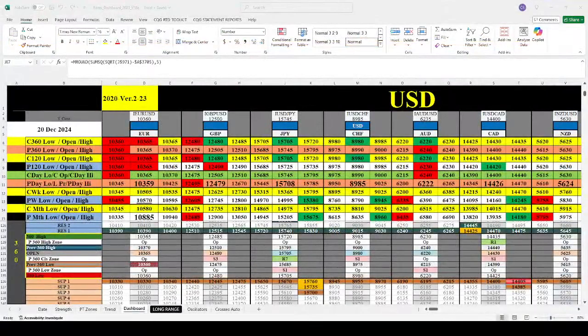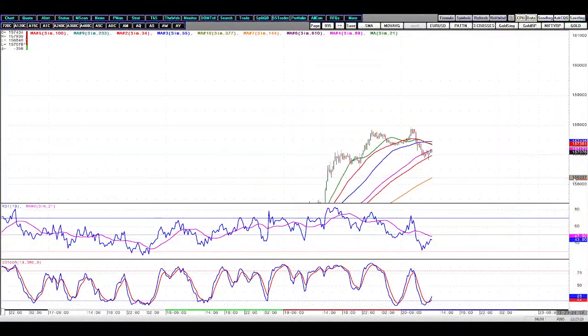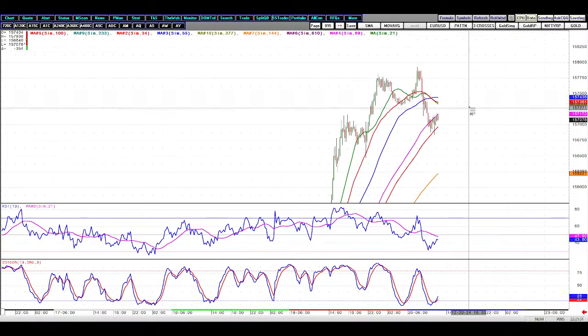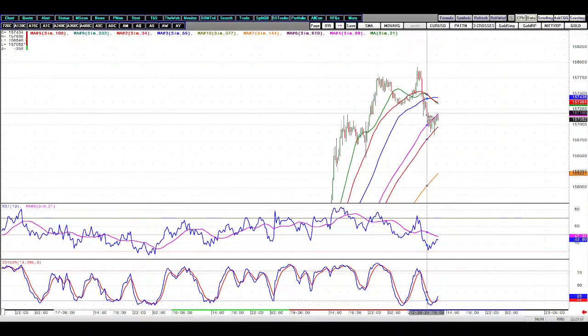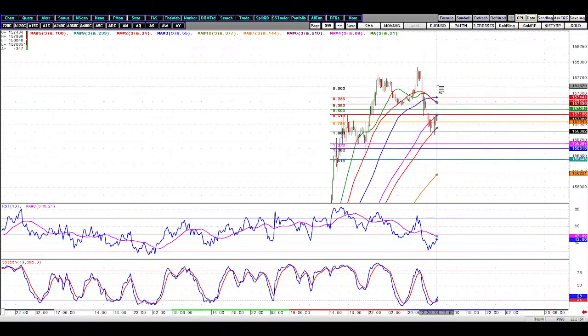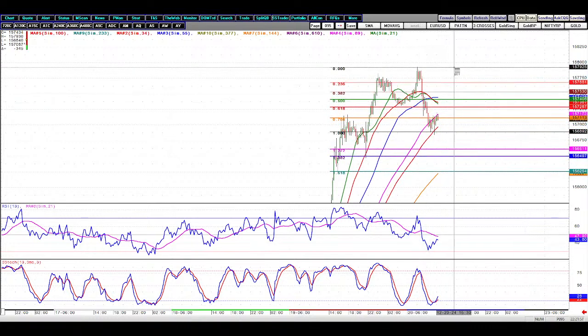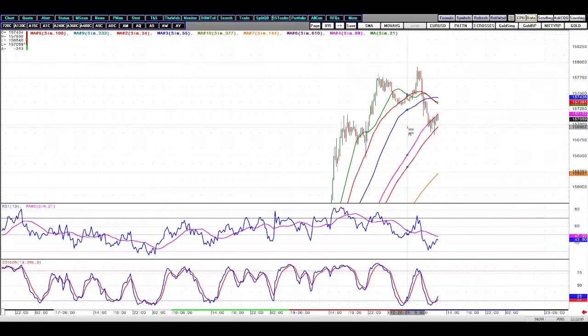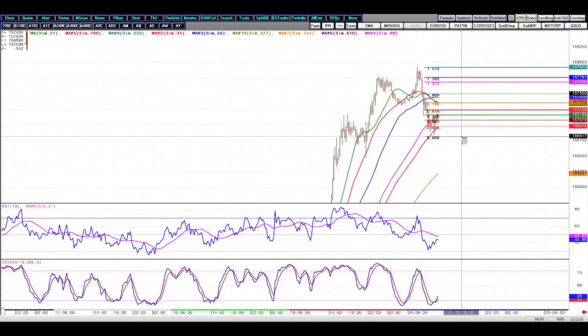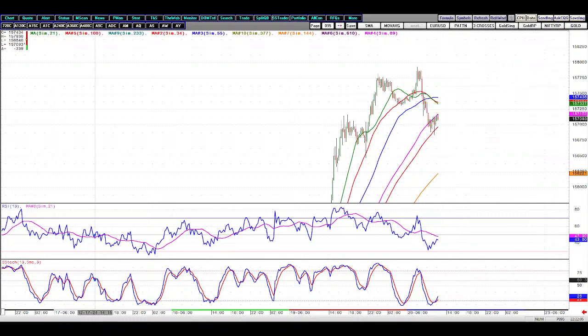Okay, hold on. So you see here your 15 minute is in a congestion, which means there is a high probability that this might break and it might go lower. So maybe I want to skip this trade.